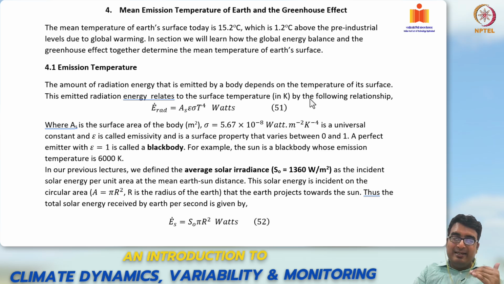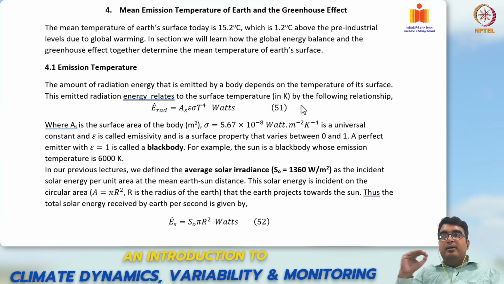Just as the sun's surface temperature of 6000 kelvins determines the amount of radiation it emits to space, similarly, the Earth's temperature determines the amount of radiation it radiates to space. The emitted radiation energy relates to the surface temperature by the following relationship, which comes from the radiation theory.